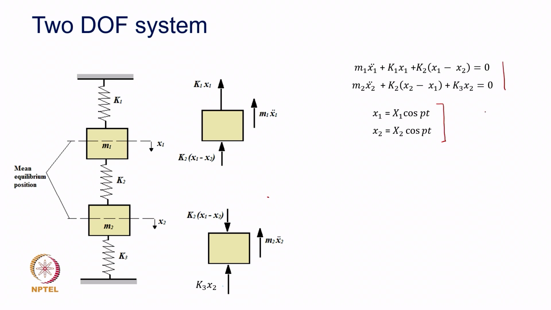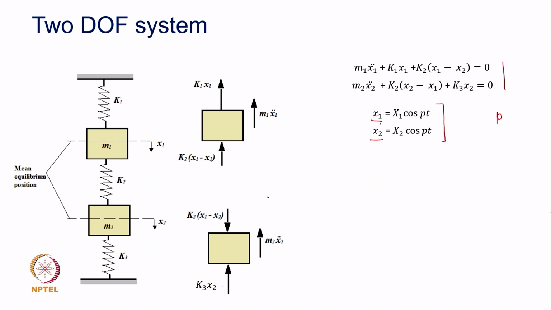Now both the masses, that is 1 and 2, are moving with the same frequency of oscillation, which for a change here, instead of omega n, I am denoting by p just to avoid subscripts and make it a little more convenient for writing. Otherwise this p represents basically the natural frequency.